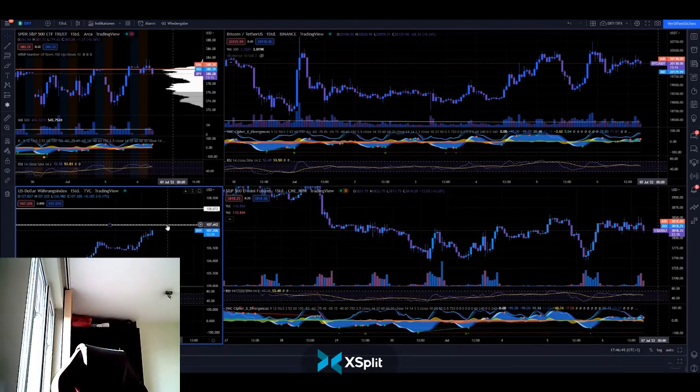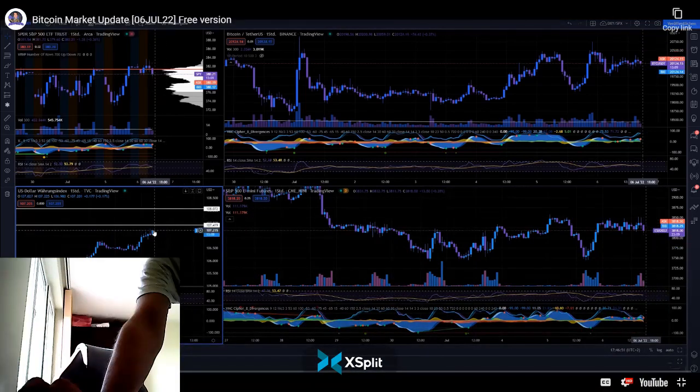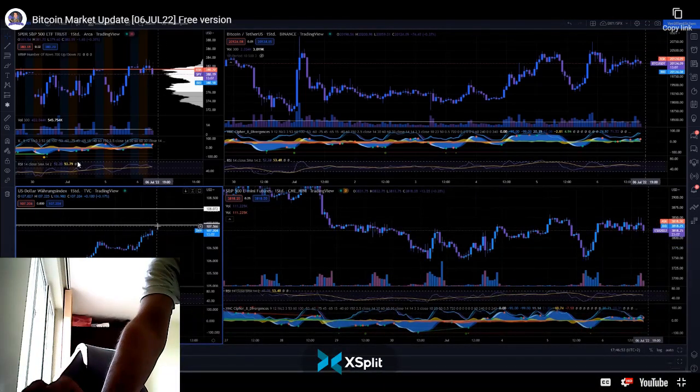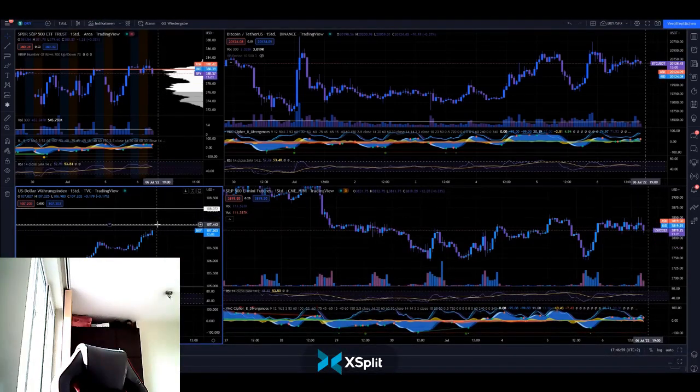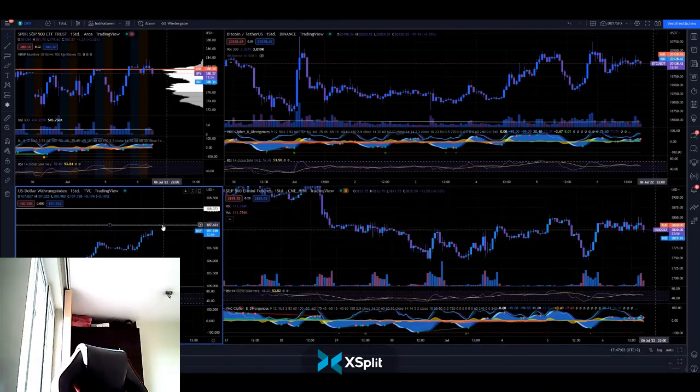We will maintain there, so we need to see how SPY will react. But in my opinion, I don't know if DXY can go straight to 108 today. I'm not sure about that. So we need to see, but for me, my daily goal based on DXY is 107.4.